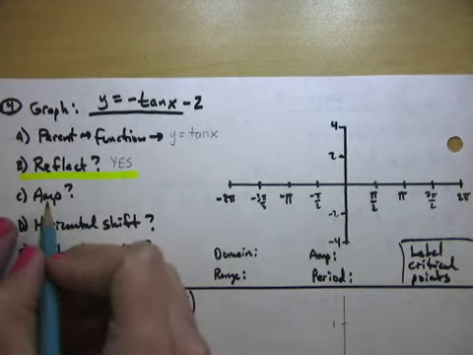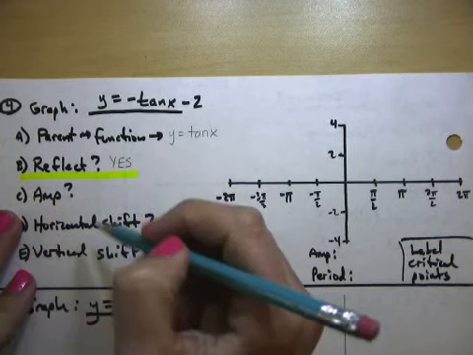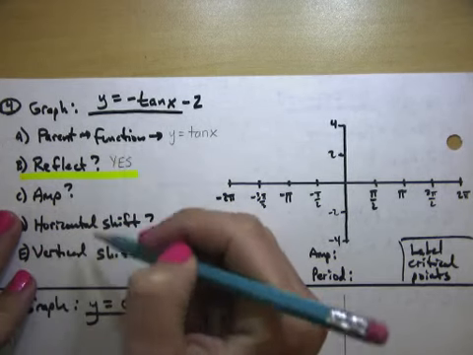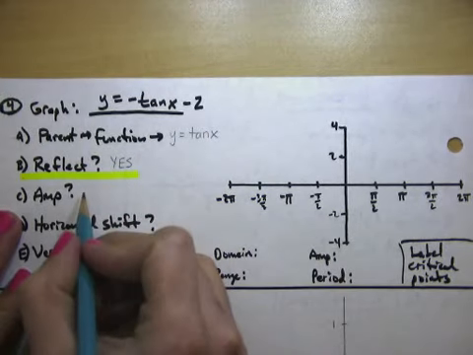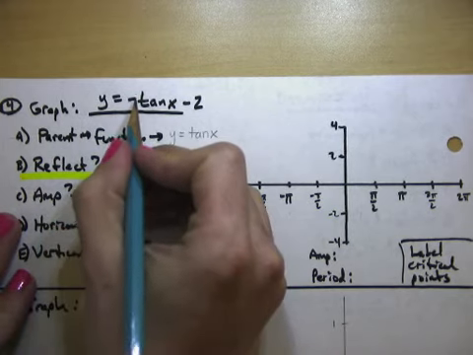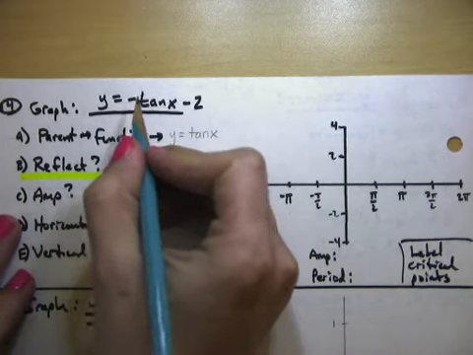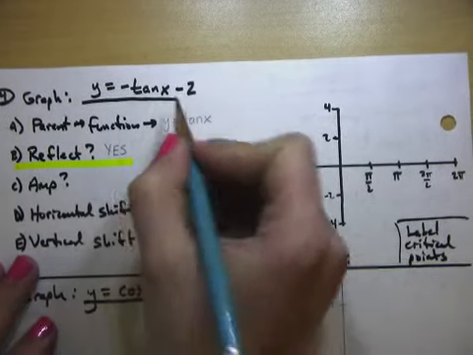Is there an amplitude change? Now technically we talked in class that tangent doesn't have an amplitude because it extends from negative infinity to infinity in the vertical direction. But is there going to be a vertical stretch? No, because we still have a negative 1 in here. It's just been reflected. Is there a horizontal shift?